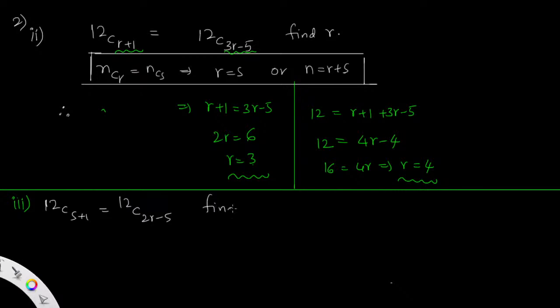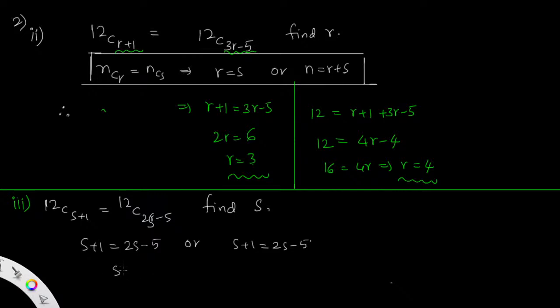Then find the s value. Now it is in the form of the same formula, nCr equals nCs, then r equals s, or n equals r plus s. Here write s plus 1 equals 2s minus 5.